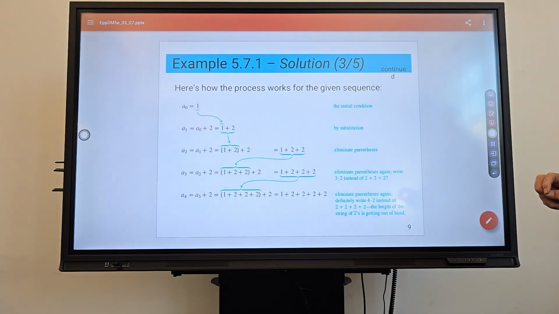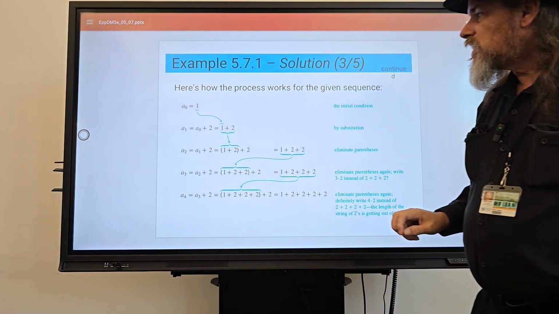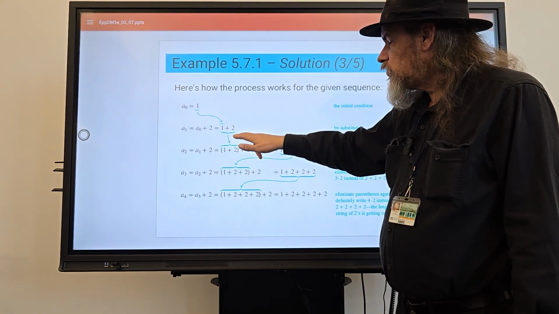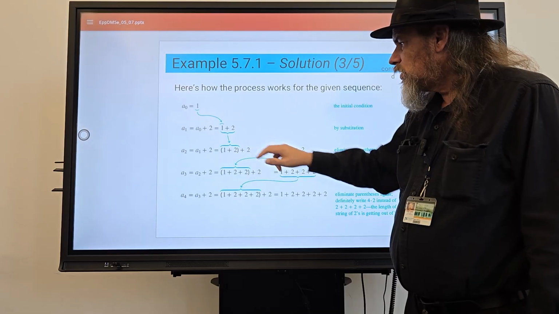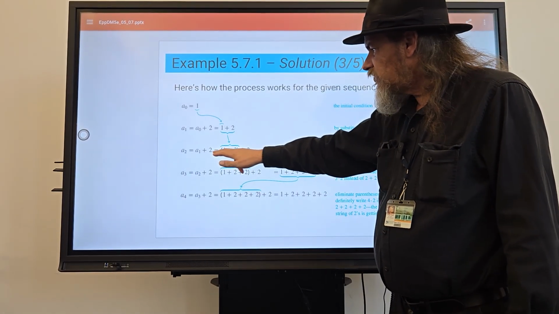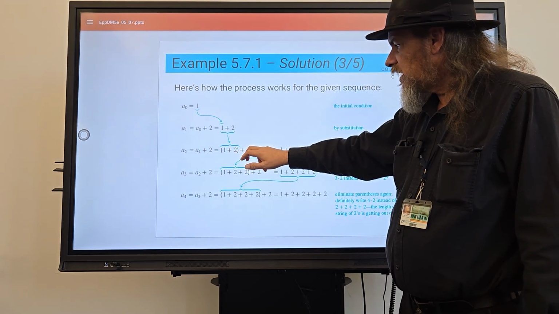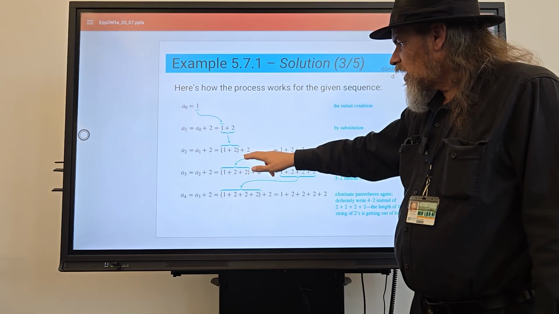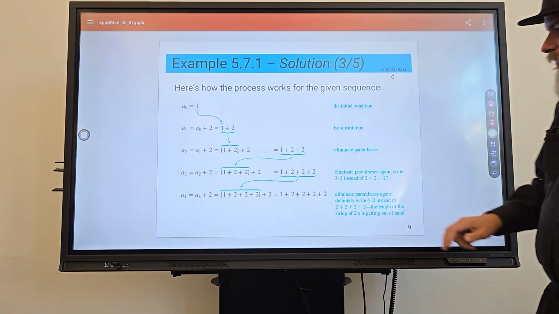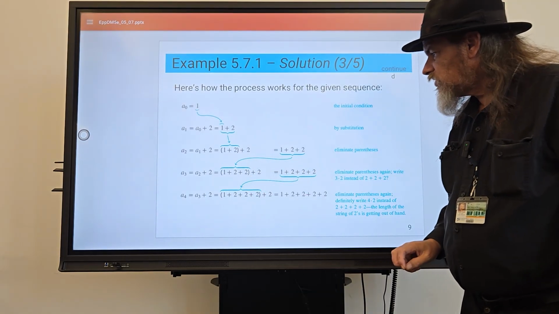So, you start with a sub 0 equals 1, then a sub 1 equals a sub 0 plus 2, so it's 1 plus 2, and then that substitutes in for a sub 1 on a sub 2 for calculating a sub 2, and so on and so forth. And you can see where a pattern subsequently develops.